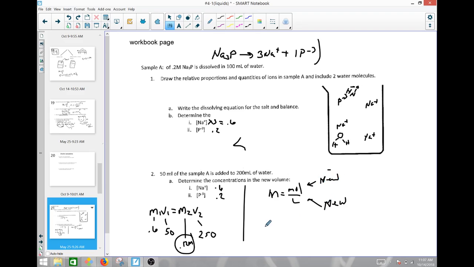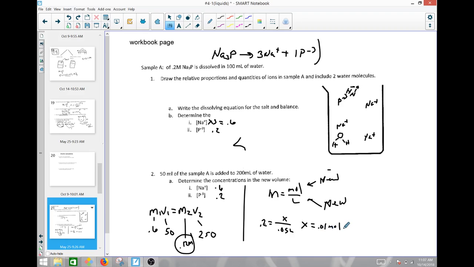I'm going to use this formula twice. So 0.2 concentration of the phosphide. I got 50 milliliters, 0.05 liters. Solve for moles. Right, this is 0.2 times 0.05. So 1/5 of 5 is 1. So this is going to be equaling 0.01 moles.